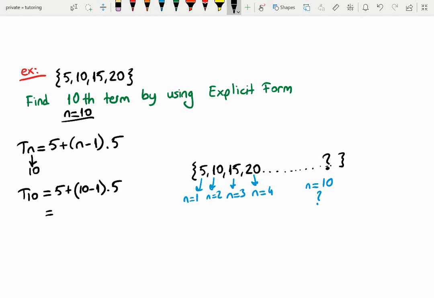So when I calculate this, I will get 5 plus 9 multiplied by 5, which equals 50. So my 10th term is 50. I can write it here. Okay. So I hope this helps.